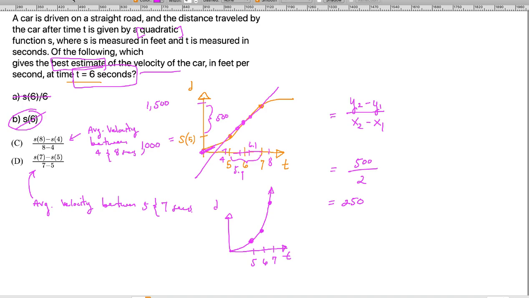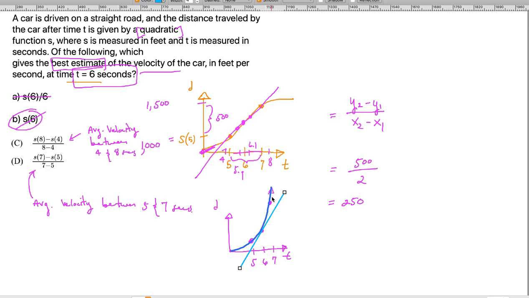The tangent line looks like this, that blue line at 6 seconds, and its slope is the instantaneous velocity at t equals 6.